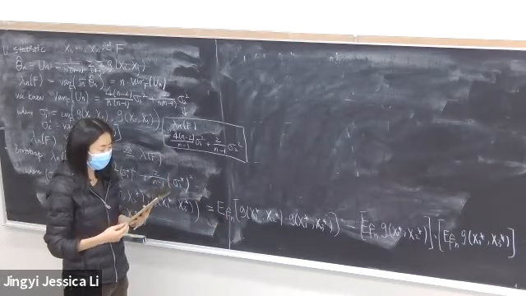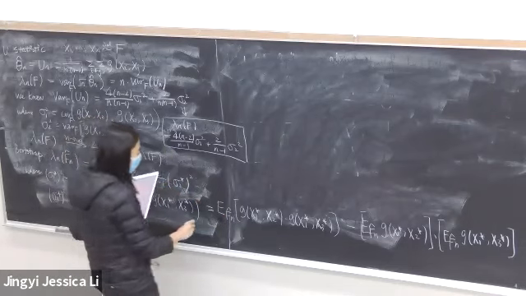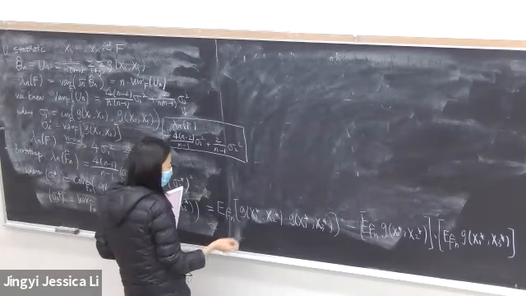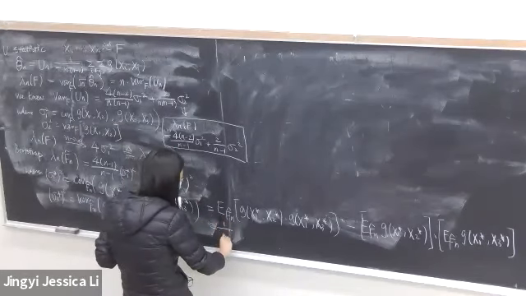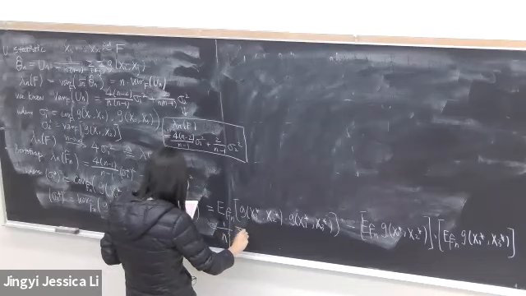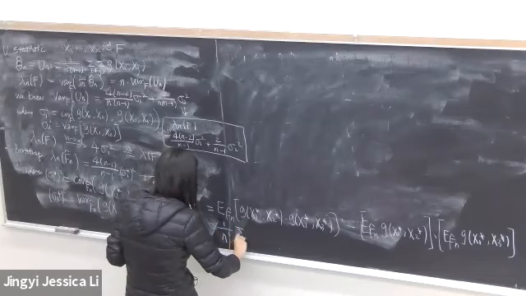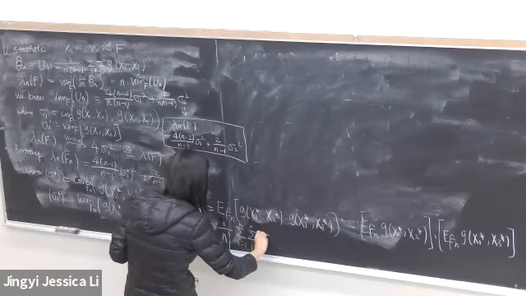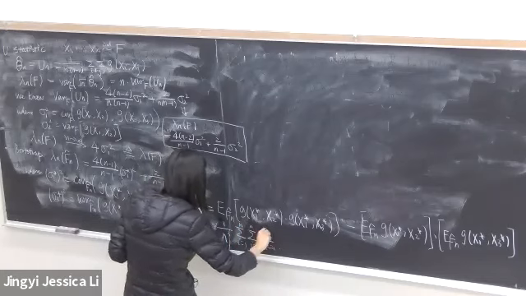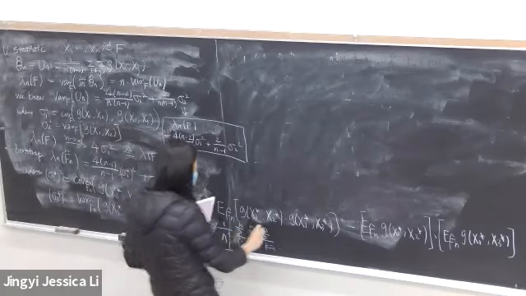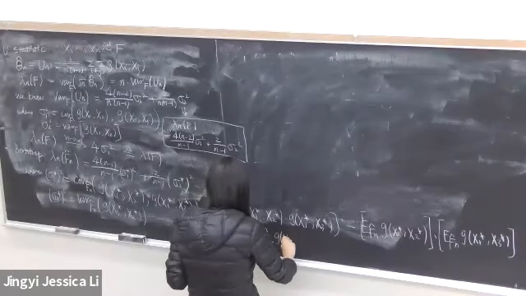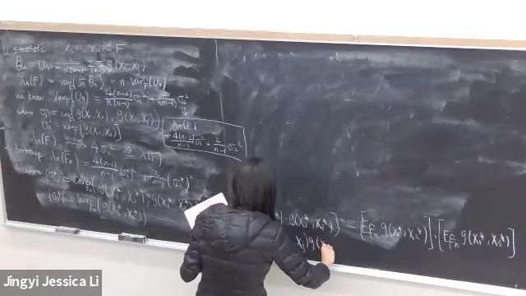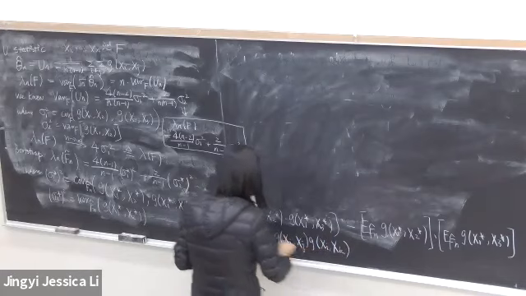So therefore, you can clearly see that the first term, I'll just continue writing here, can be simplified as 1 over n cubed. Okay, and I have i from 1 to n, j from 1 to n, k from 1 to n. And what I have is g(xi, xj) times g(xi, xk).